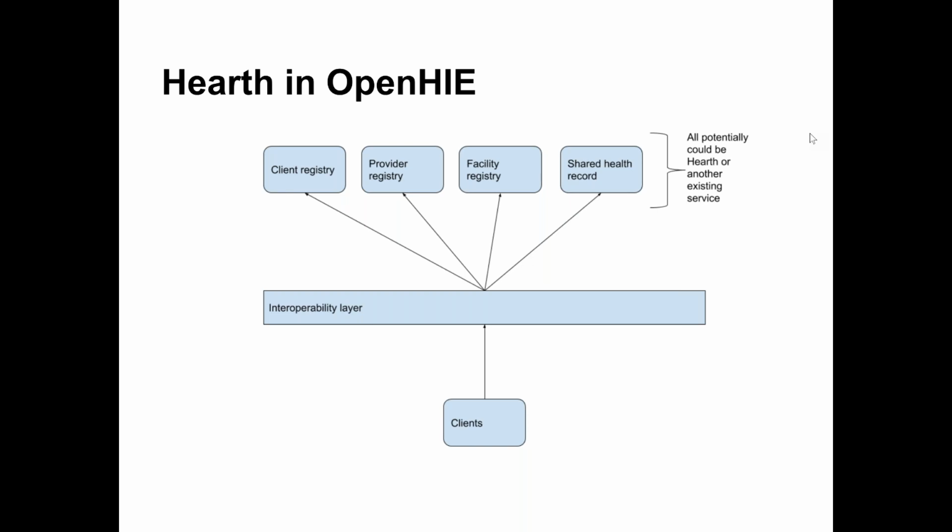So in summary, how it relates to OpenHIE is really up to the implementation. It could act as a number of the components that we have already described within OpenHIE, but it doesn't have to act as any of them. It's really up to the implementation how you choose to use Hearth, or if you choose to use Hearth, really.